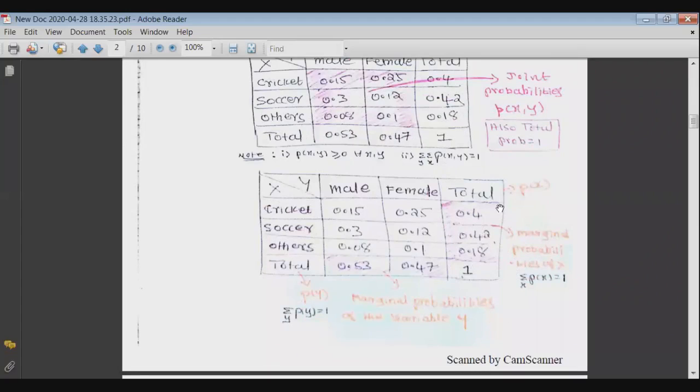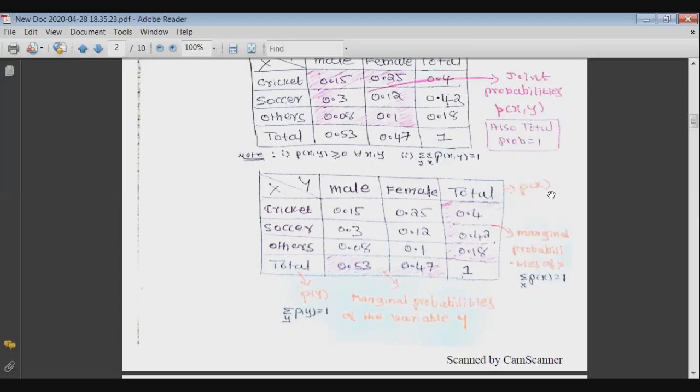And these values, 0.4, 0.1, 0.4, 0.4 to 0.18, are called marginal probabilities with respect to sports, or with respect to the variable x, and these 0.53 and 0.47 represent the marginal probabilities with respect to gender. This total is called P of y and this total is called P of x.